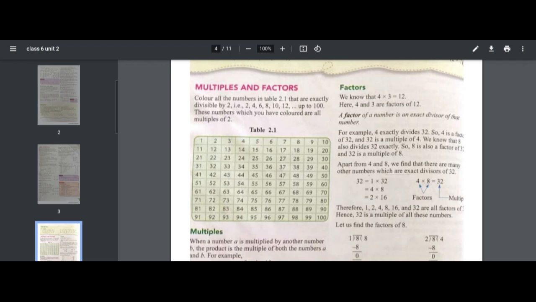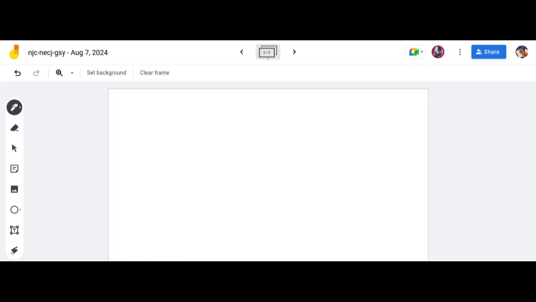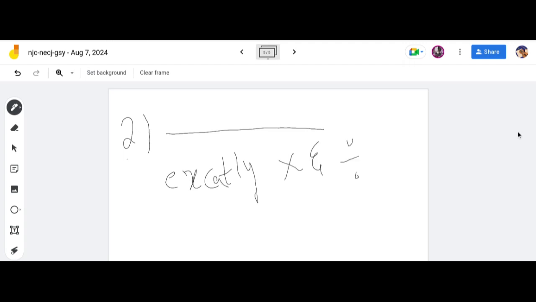So remember that if we have to find a multiple or factor of any number, that number should be an exact multiple of it and exactly divisible by it. For example, if I have to find the multiples and factors of 2, it means that I have to find all the numbers that are exactly divisible by 2.